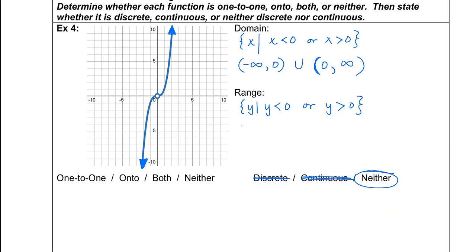So the y values can go from negative infinity to 0, but not including 0. Union that with, and they can go from 0, but not including it, all the way up to positive infinity. Okay, did they tell us what the codomain is? Did they tell you what the codomain is?